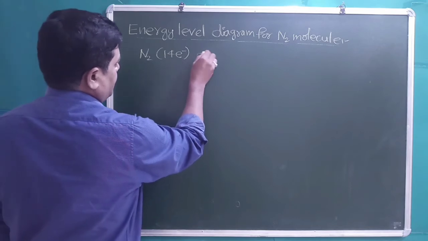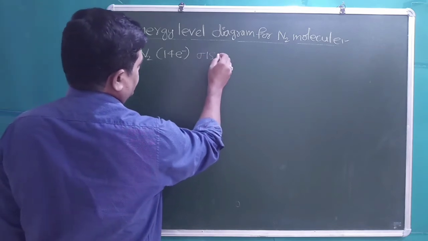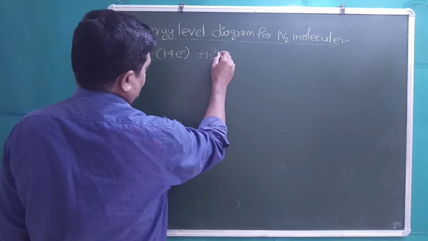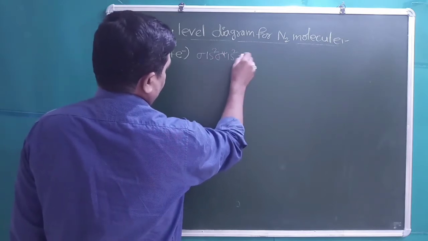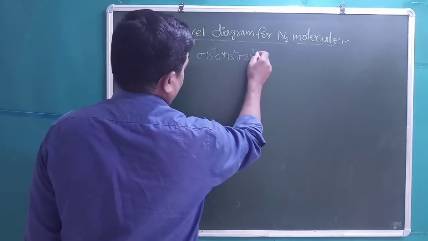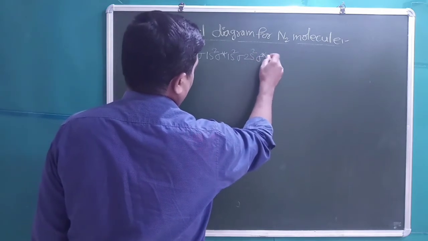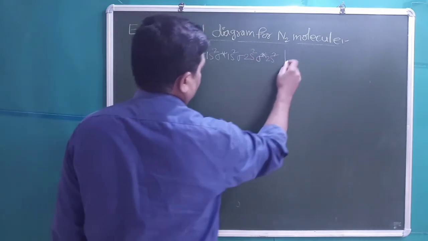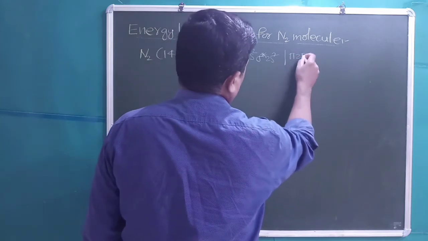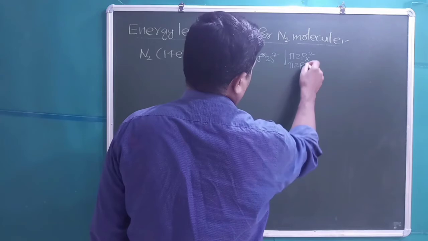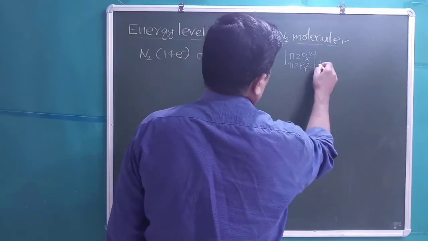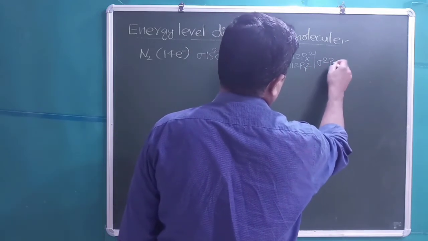The electronic configuration is sigma 1s2, sigma star 1s2, sigma 2s2, sigma star 2s2, pi 2px2, pi 2py2, sigma 2pz2.